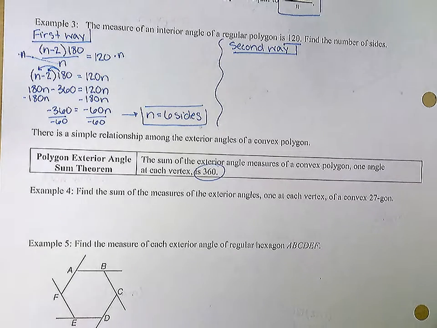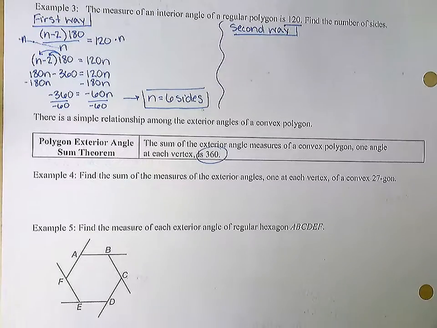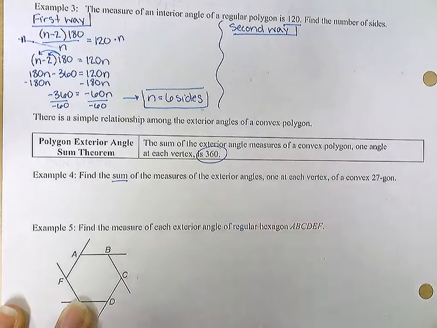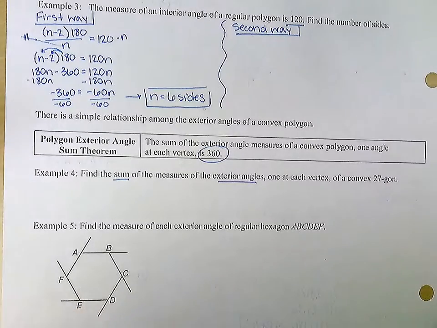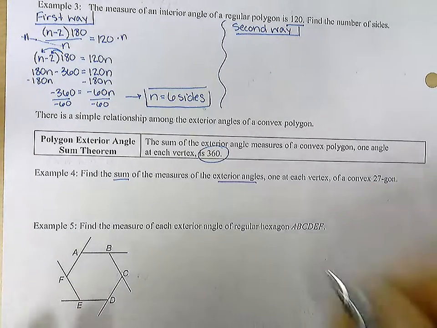So, in example 4, when I say find the sum of the measures of the exterior angles, one at each vertex of a convex 27-gon, what would you tell me that is? By the sum of the exterior angles, 360.